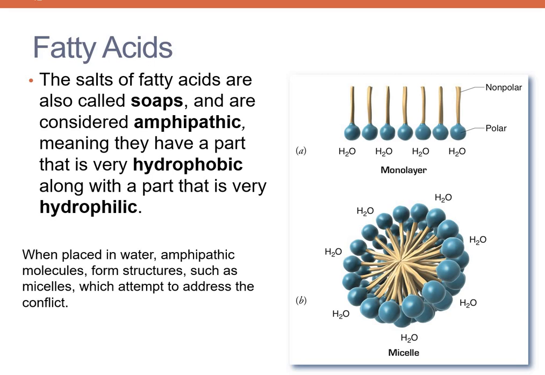They have a particular property: they are considered to be amphipathic. Amphipathic means they have a part which is very hydrophobic along with a part which is very hydrophilic. This is the property of an amphipathic material like soaps.